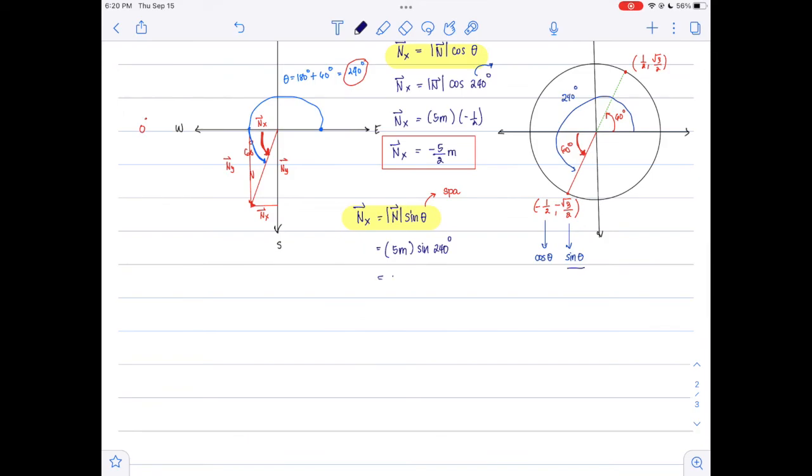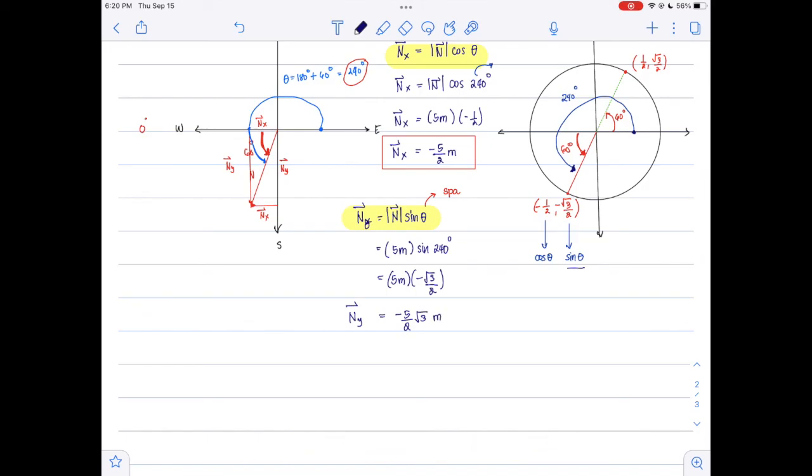We have 5 meters times the sine of 240. Since this is 240, from here to the arrowhead it is negative square root of 3 over 2. So you get that, sorry, it should be n sub y. N sub y is equal to negative 5 over 2 square root of 3. So that is all you write.